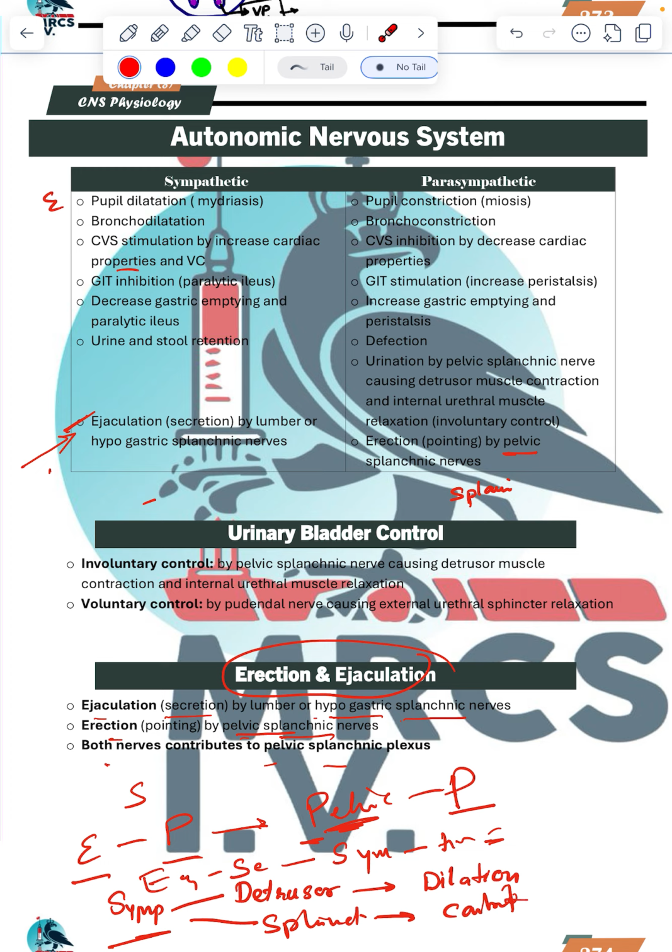Parasympathetic causes miosis, pupillary constriction, bronchoconstriction, cardiac inhibition, decreased cardiac activity, and GIT stimulation with increased peristalsis and gastric emptying, defecation, and urinary bladder contraction. The pelvic splanchnic causes erection. The hypogastric splanchnic is secretion, the pelvic splanchnic is erection.